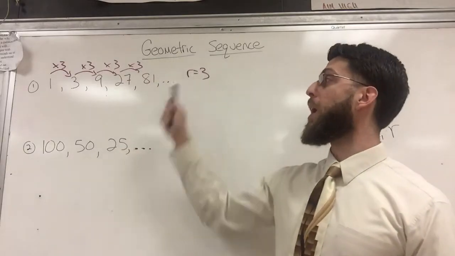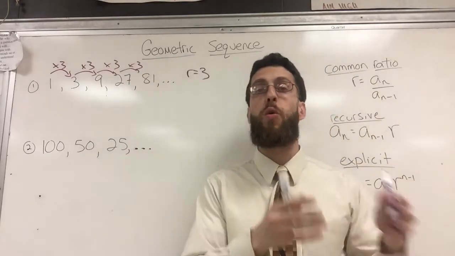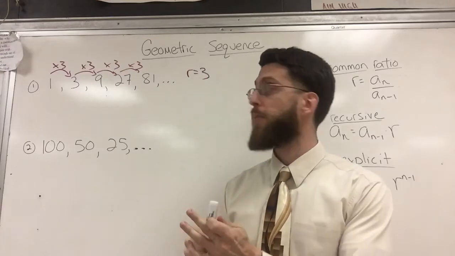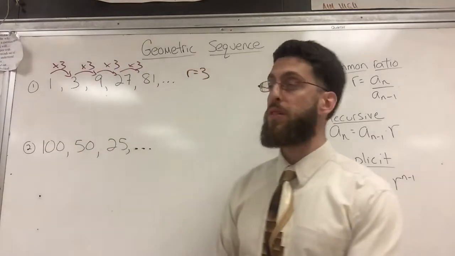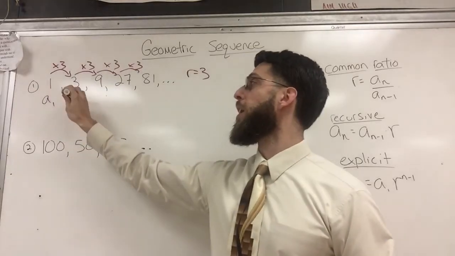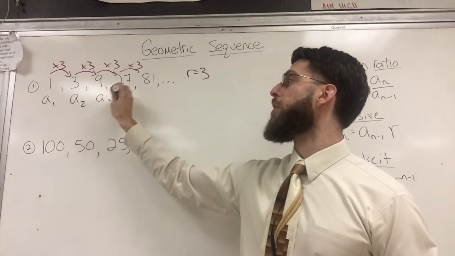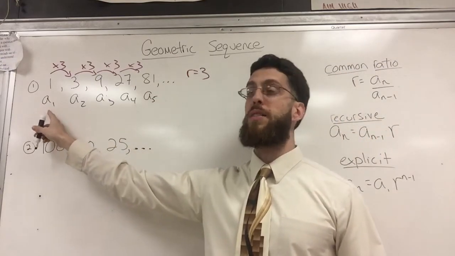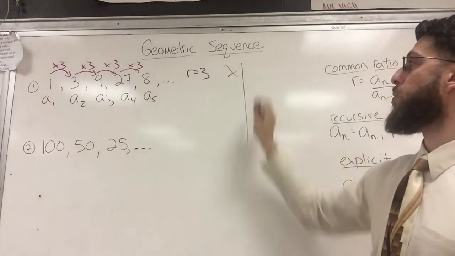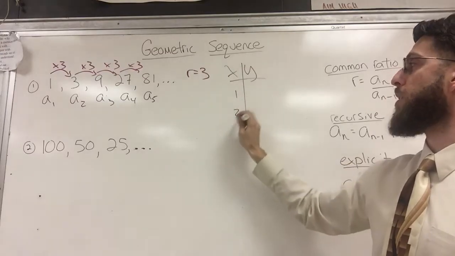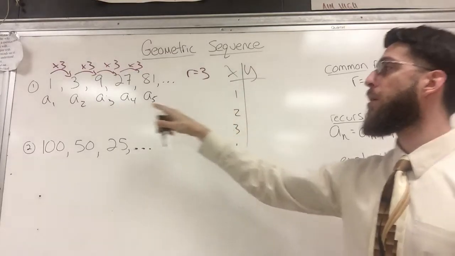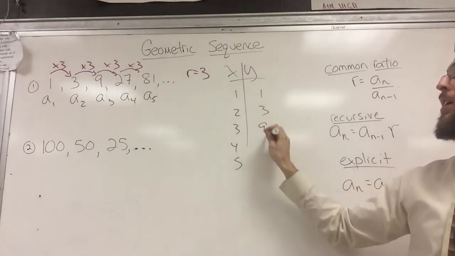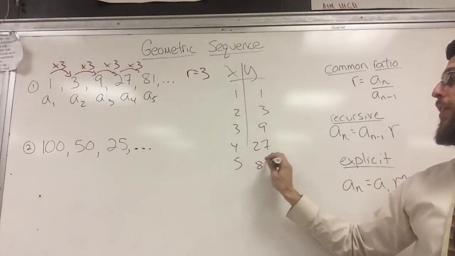All right, so I got my common ratio. I know that it's growing quickly. If you were to think of this in terms of a graph, my first term, this is my a sub 1, this is my a sub 2, this is my a sub 3, this is my a sub 4, this is my a sub 5. If you think of this as an XY table, my first term is 1, my second term is 3, my third term is 9, my fourth term is 27, and then 81.